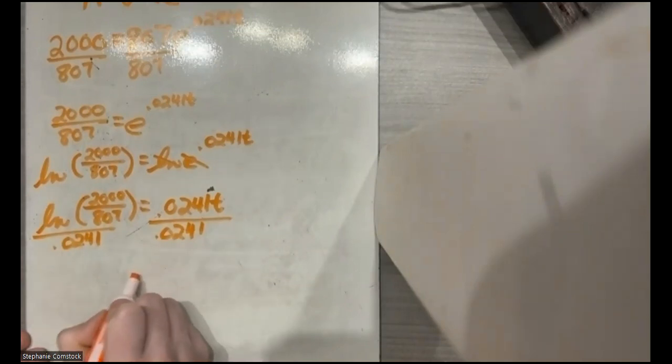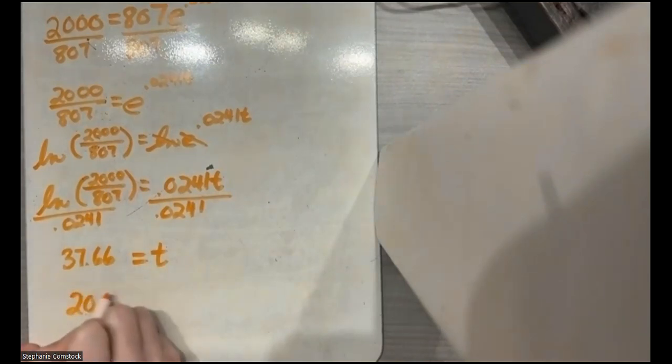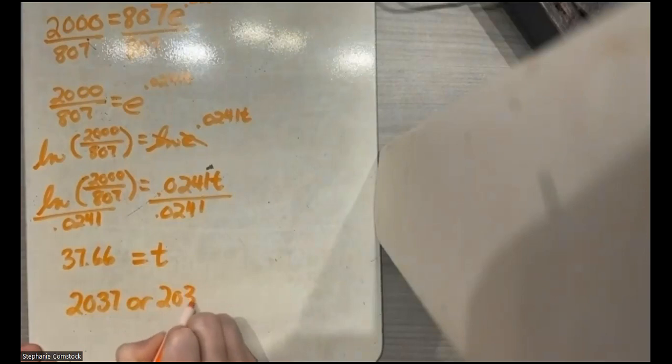Okay. And so when I put that in on a calculator, I'm going to get T. Now keep in mind, again, T is years since 2000. So when I ran this out, I got 37.66. Okay. Putting that with our year 2000, this will either be 2037 or 2038.